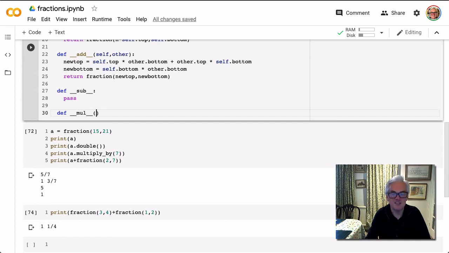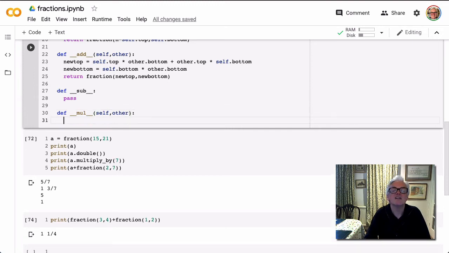Multiplication is quite nice. So again, we're going to have self and other coming into this. How do we multiply two fractions? We times the tops together and we times the bottoms together. So using the same idea as we had earlier, the new top is self.top times other.top.